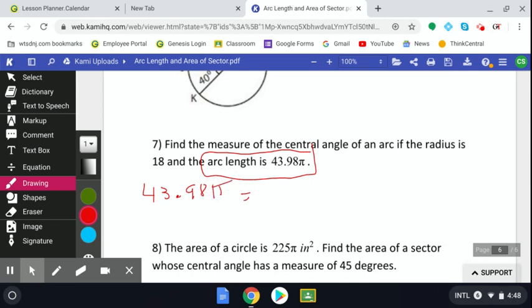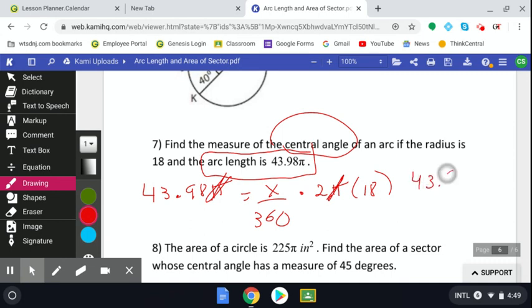That should be equal to the central angle, which we don't know, so we're going to call it x, out of 360, times 2 pi times the radius, 18. Okay, so then the pi's would cancel out, and you get 43.98 equals 36x over 360.